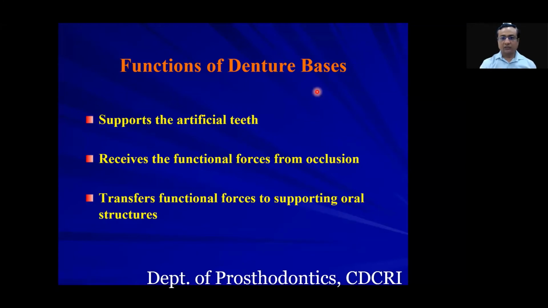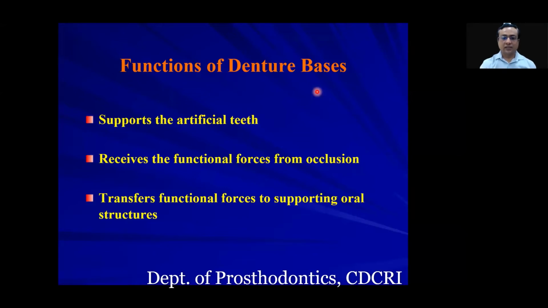Now, the functions of the denture base. One of the primary functions of the denture base is that it supports the artificial teeth. Artificial teeth are ultimately attached to the denture base. So whenever the artificial teeth are under any functional force, that is the vertically directed force due to the occlusion during mastication, they are first received by the denture base.